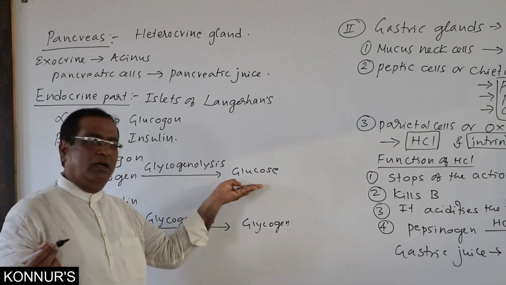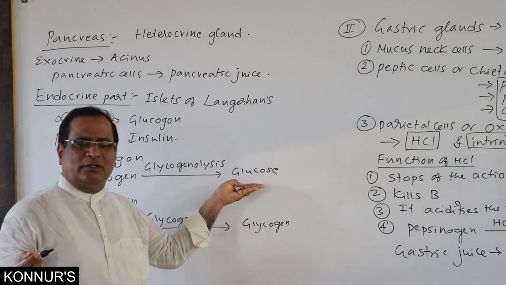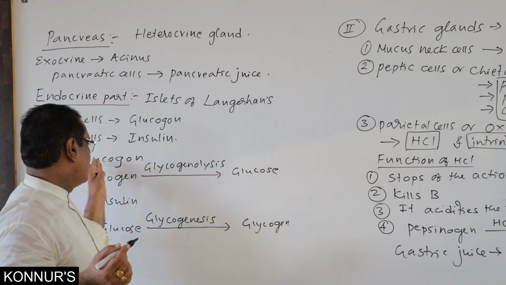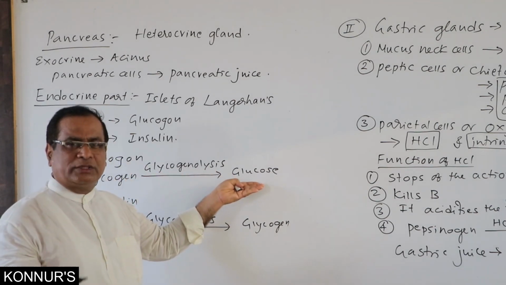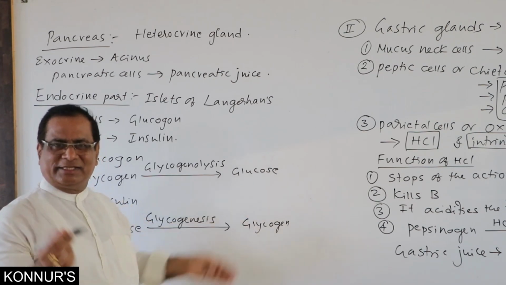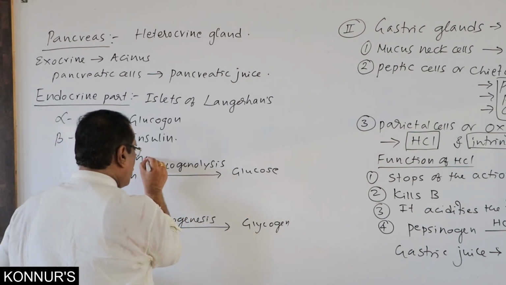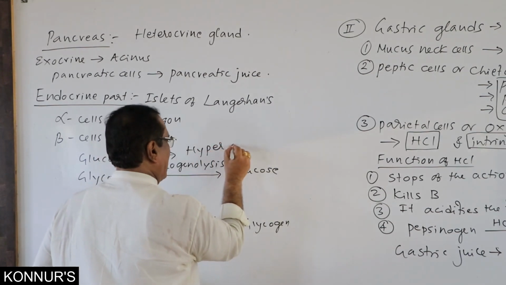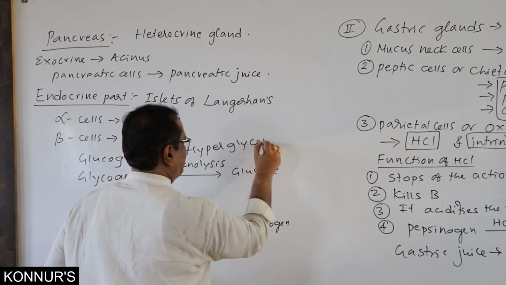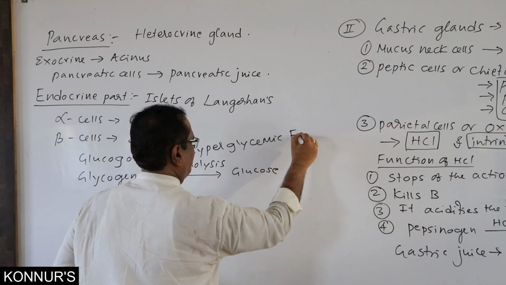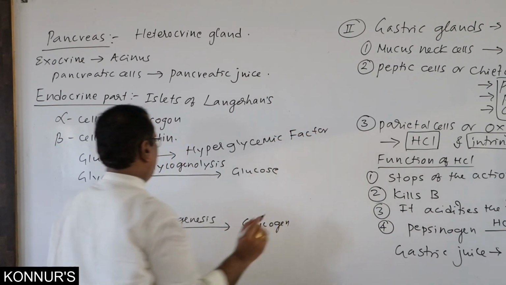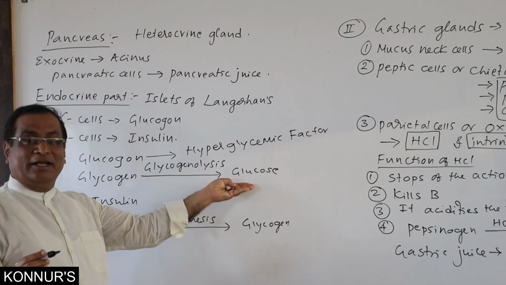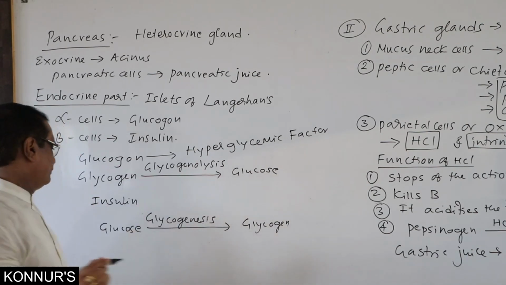It helps for increase in the glucose in blood. So that by the action of this glucagon, glucose level in the blood is increased. That's why glucagon is considered as hyperglycemic factor, because it helps for the increase in glucose level.